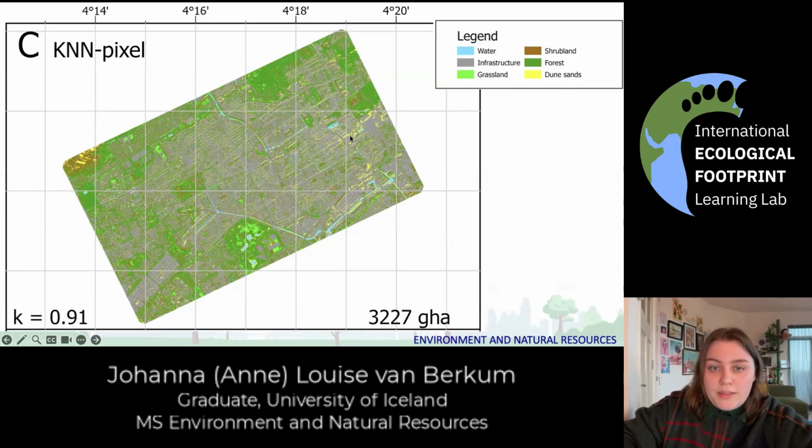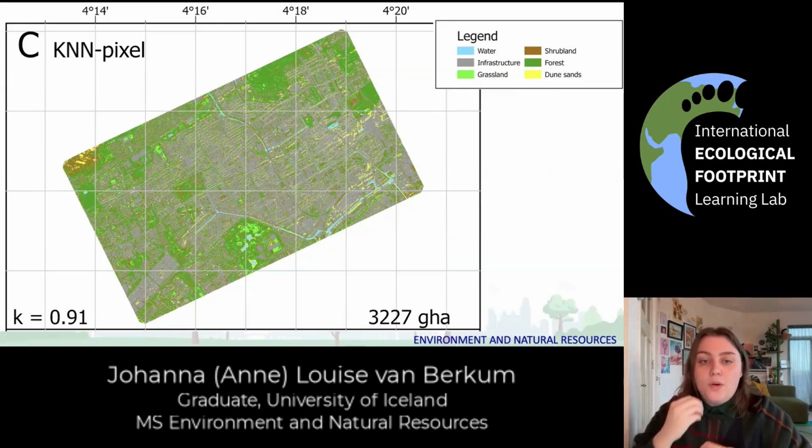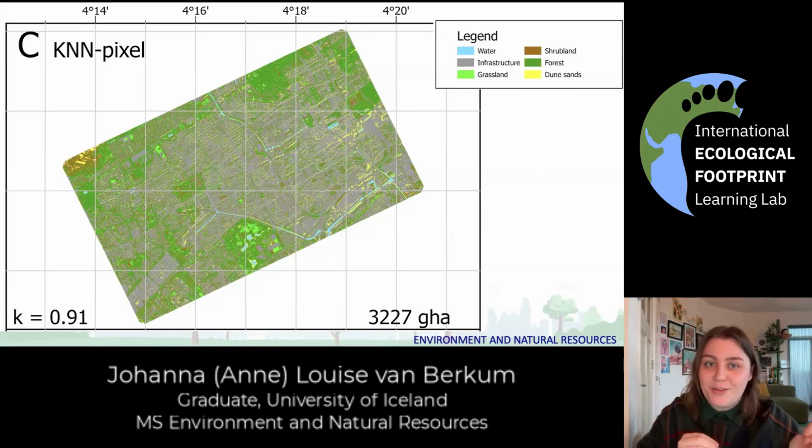But all these yellow blobs that are here, all these lines, they are misidentified. There is no sand there. They are shadows cast by buildings on some other land cover type, which I can't identify, being identified as dune sands. So it turns out that the signature for these shaded areas was very close to the signature of the dune sands, and therefore there were a lot of misclassifications.